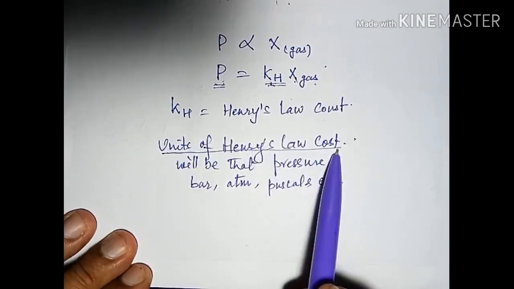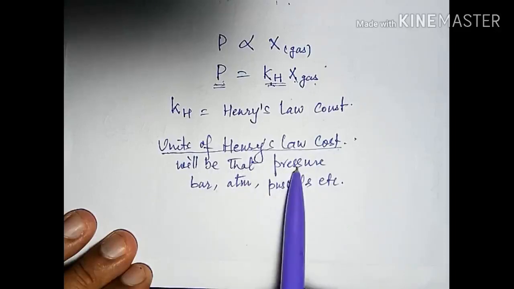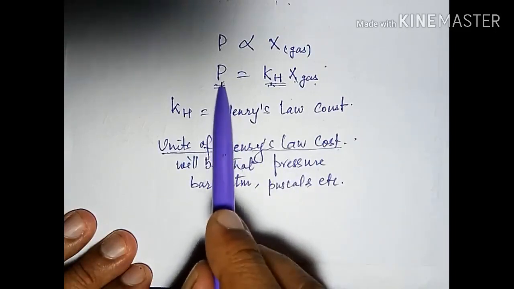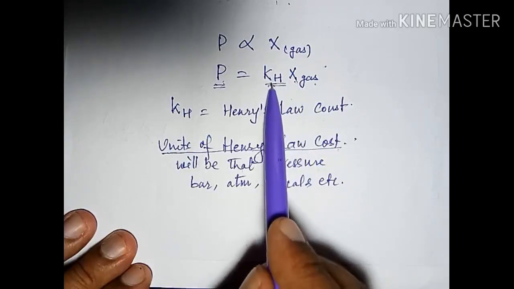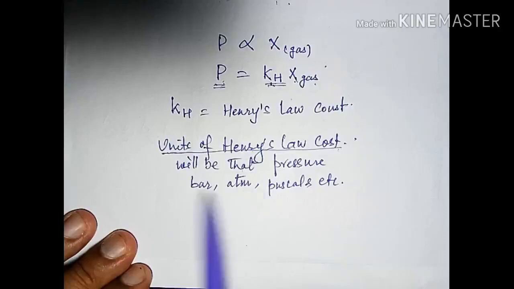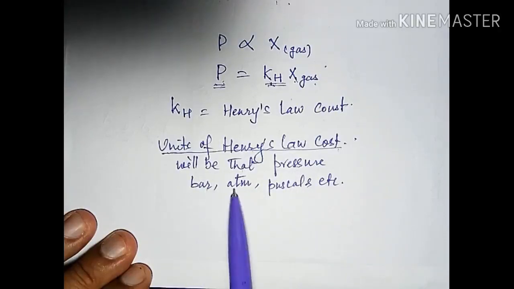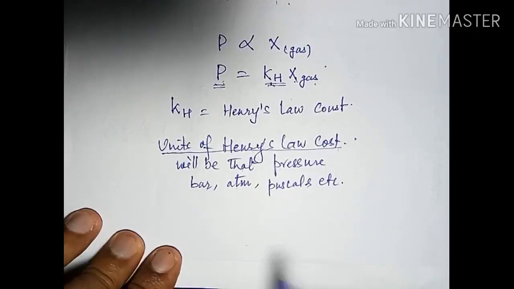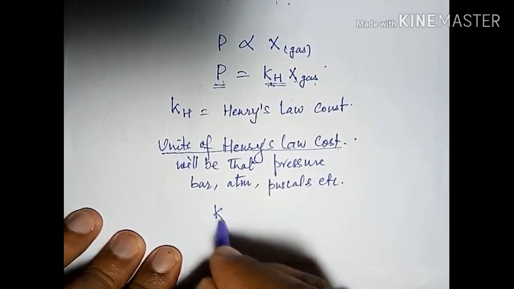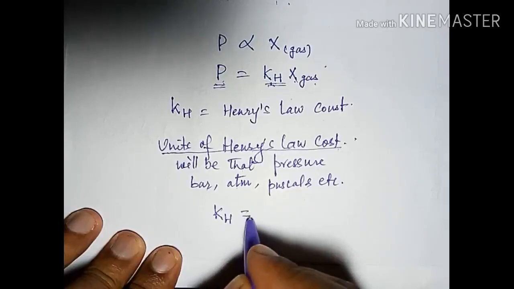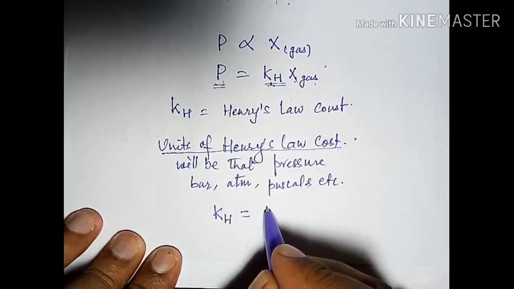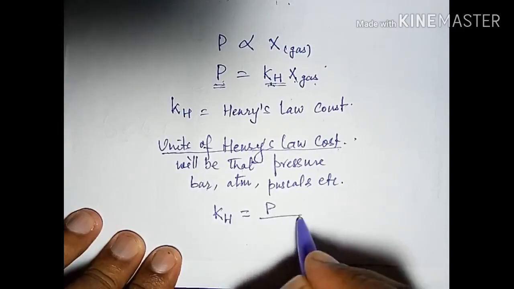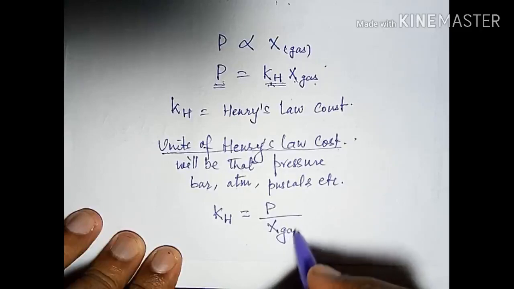Units of Henry's law constant will be that of pressure, since mole fraction has no unit, and it could be bar, atmosphere, pascals, etc. The value of Henry's law constant may be obtained by measuring P and mole fraction of the gas.